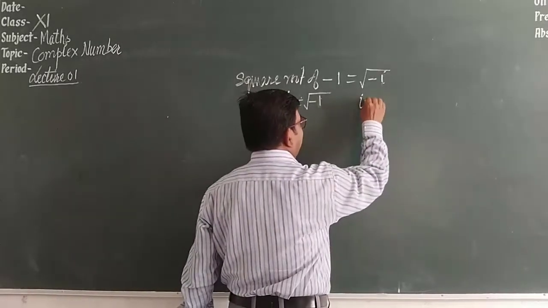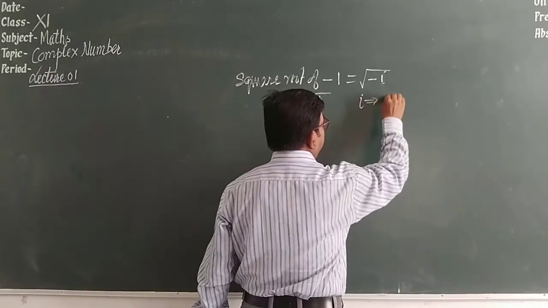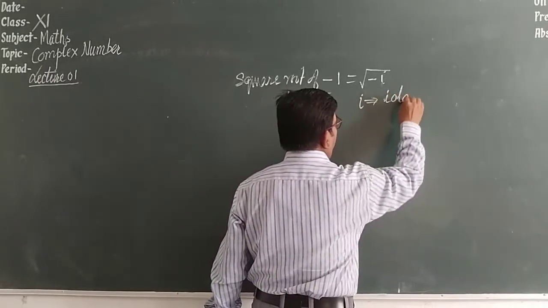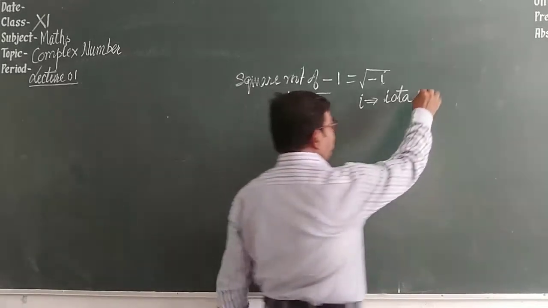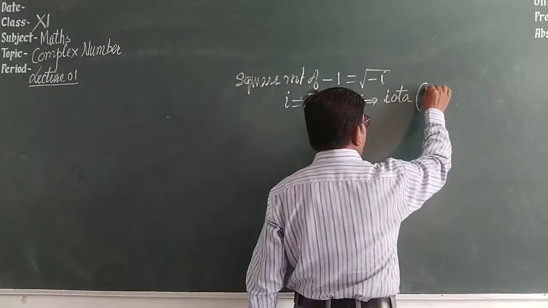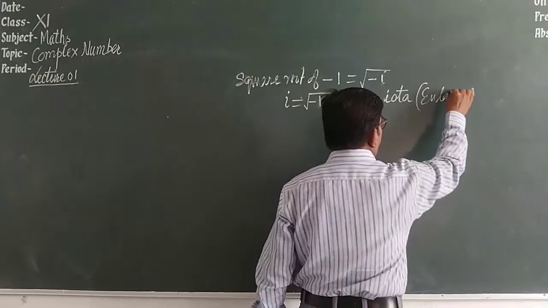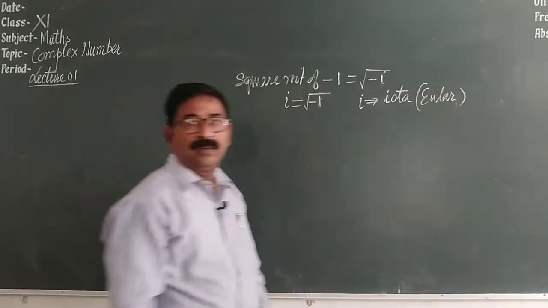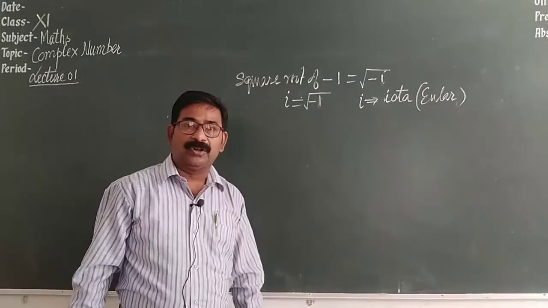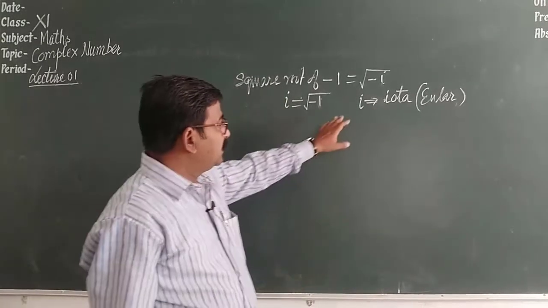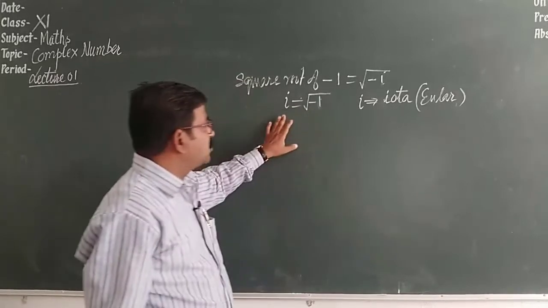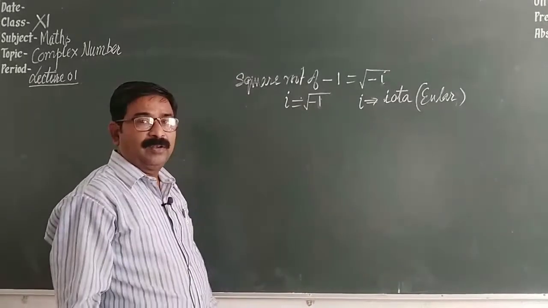This i is called iota. This name was given by the mathematician Euler. Mathematician Euler has given the name iota, that is noted as i, and it is the square root of minus 1.